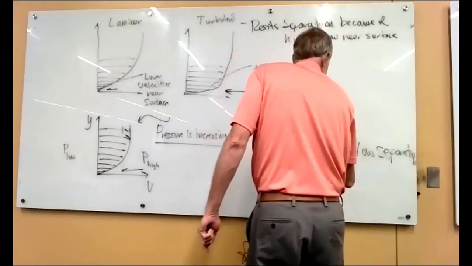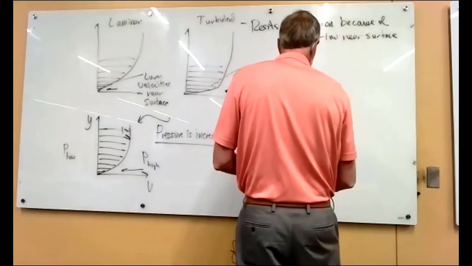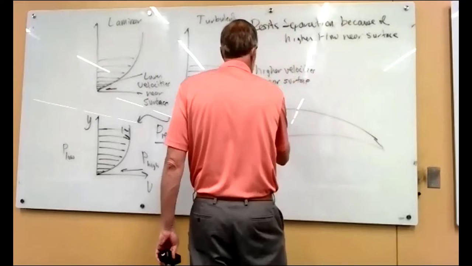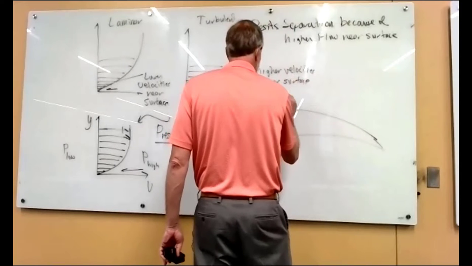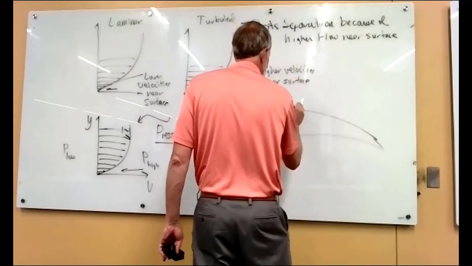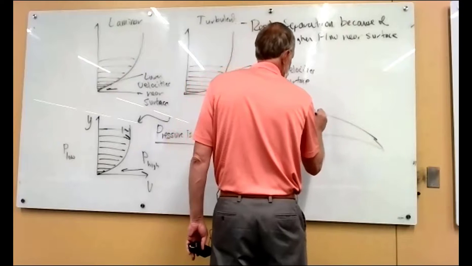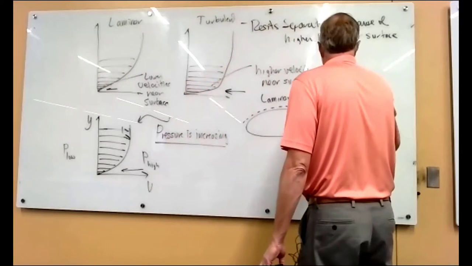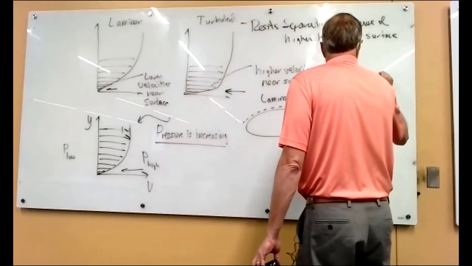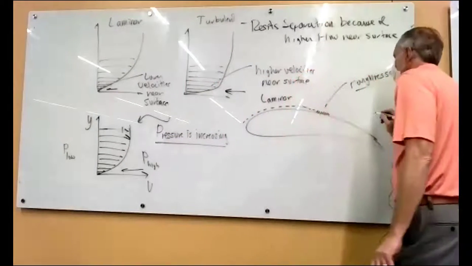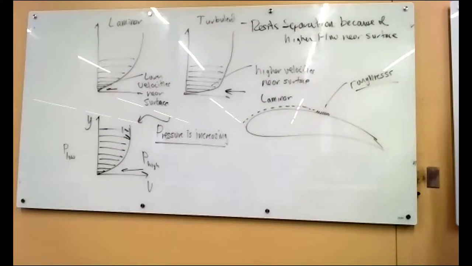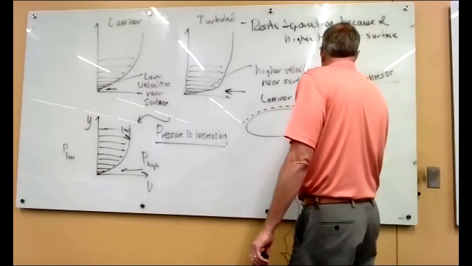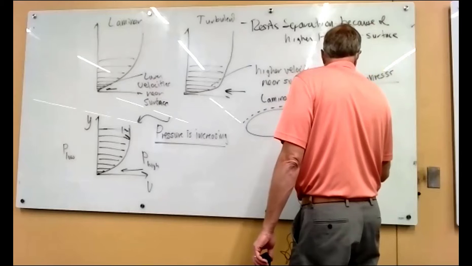So what's done is that the wing is designed to be laminar over the surface here, and then deliberately on the surface you put some devices, you can put some roughness or other things here. They're essentially called a trip strip that changes the flow at that point to turbulent.